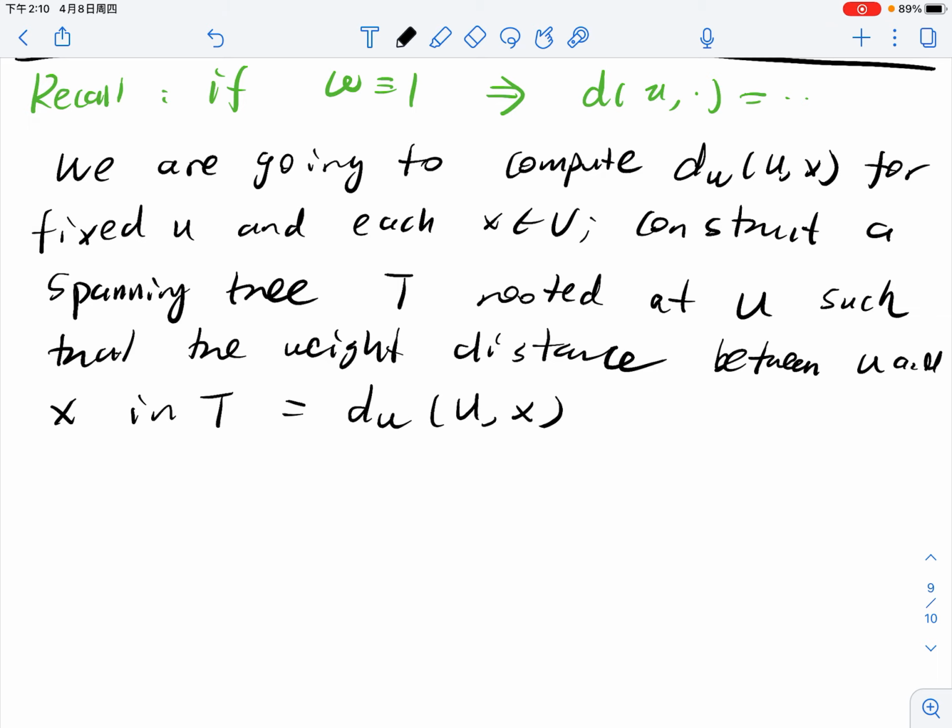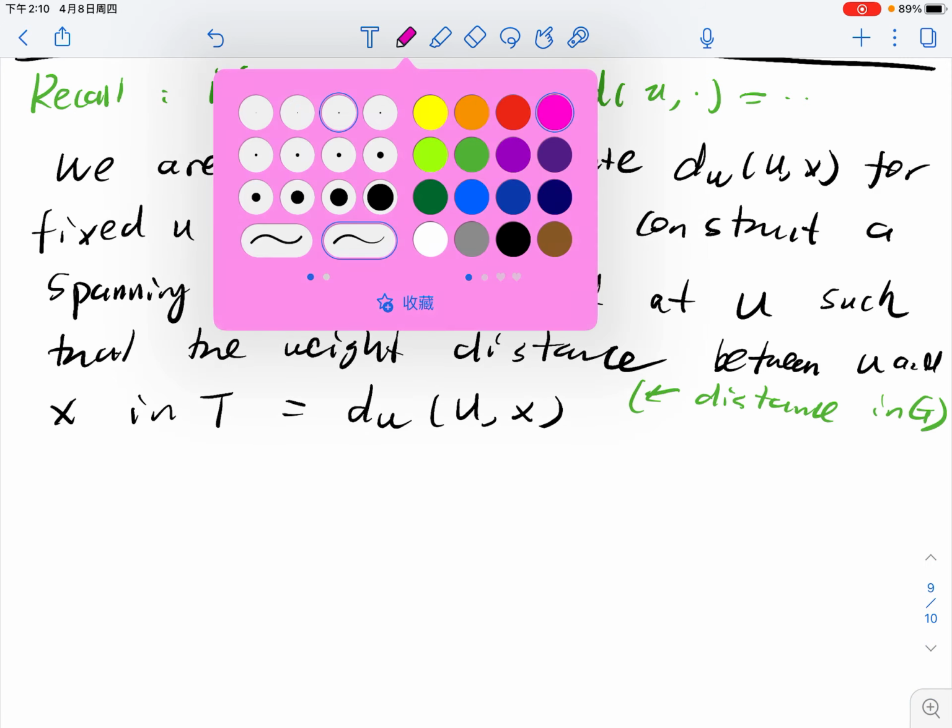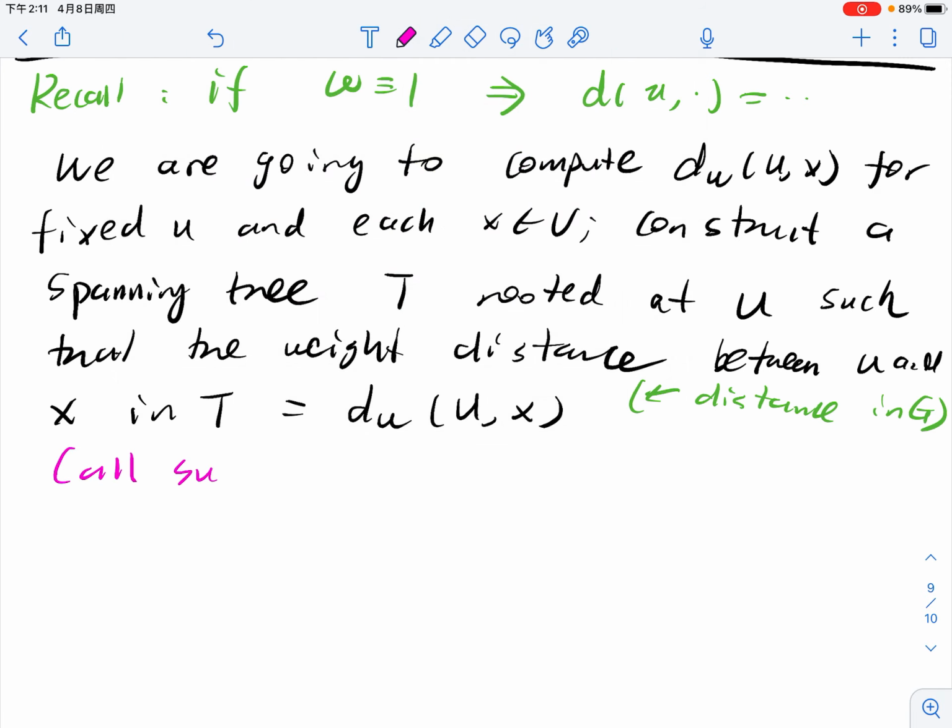This is the distance in G. Then we can call such a tree a distance tree.